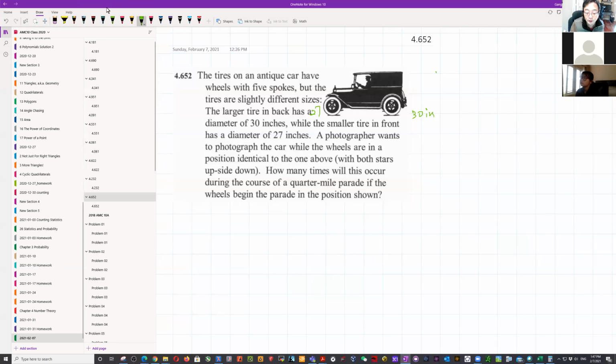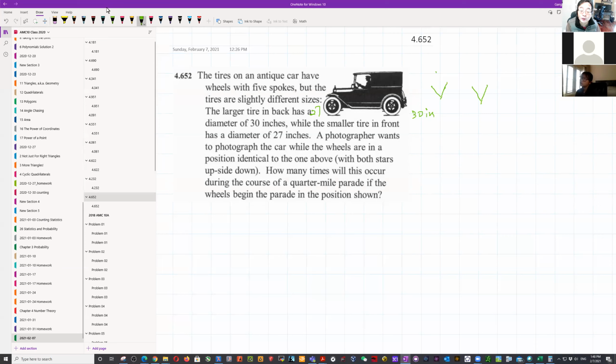Those are different. A photographer wants a photo of the car while the wheels are in a position identical to the one above, with the tip of the pentagonal star pointing down. So the star is pointing down on both the front and the back wheel. How many times will this occur in the course of a quarter-mile parade if we begin the parade in the position shown?